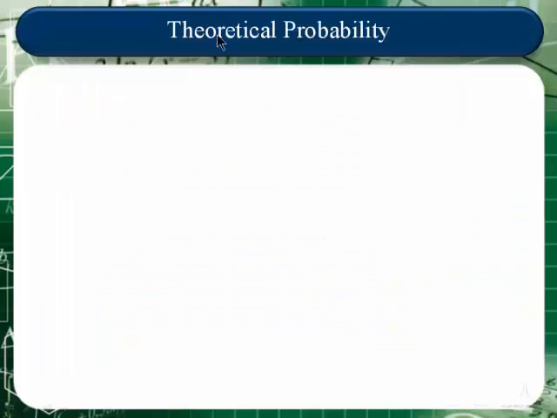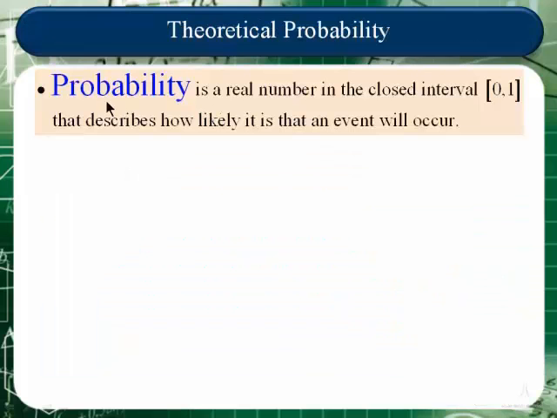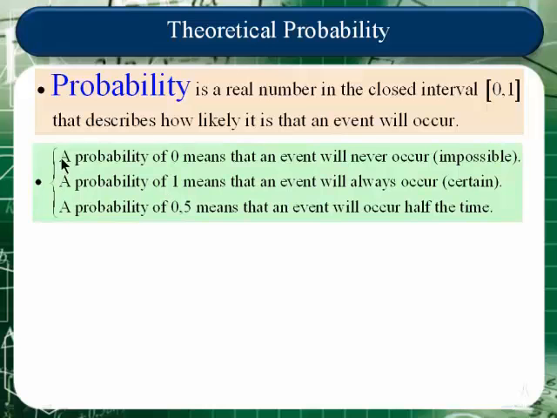Let us look at theoretical probability. Now probability is a real number in the closed interval [0, 1] that describes how likely it is that an event will occur. A probability of 0 means that an event will never occur, so in other words, it's impossible.